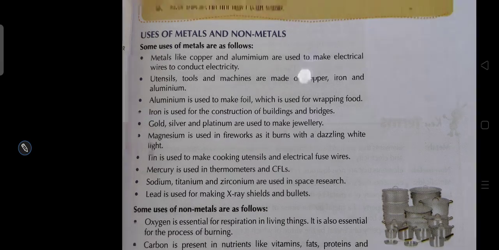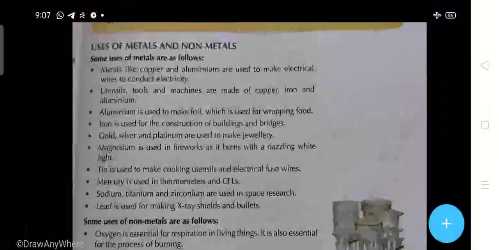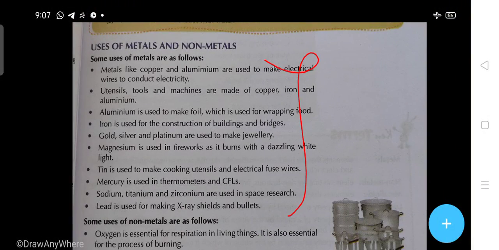So students, these are the uses which we see in our daily life. The use of mercury in thermometers is because it remains in liquid state at room temperature. Gold, silver and platinum are used for making jewelry.